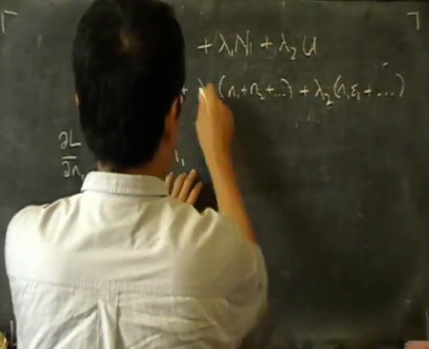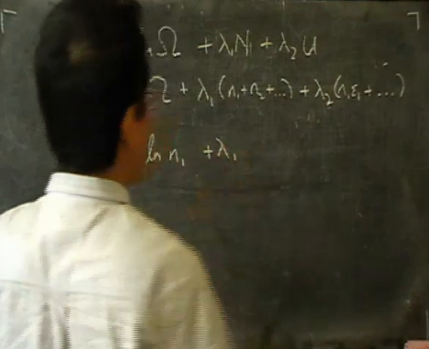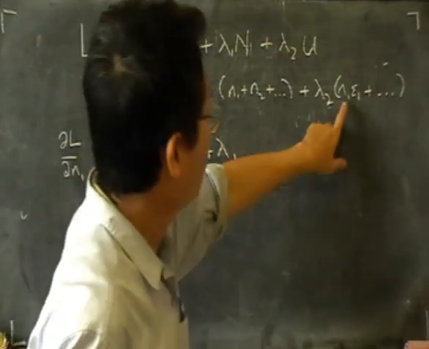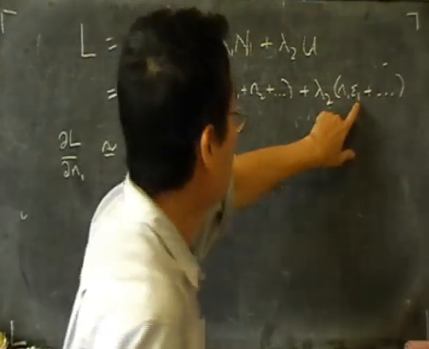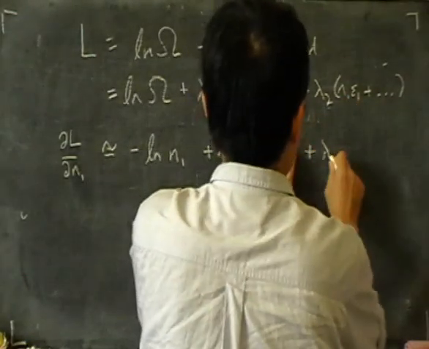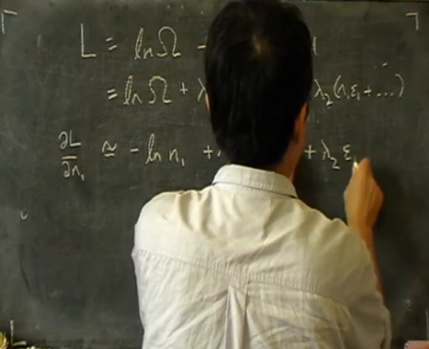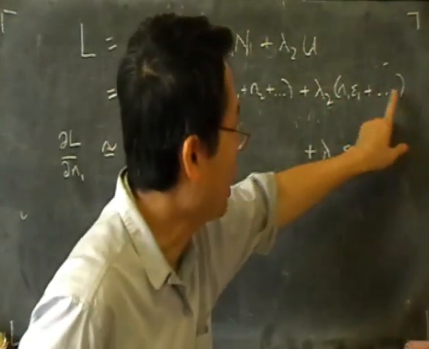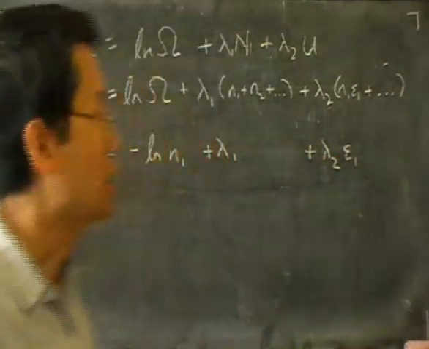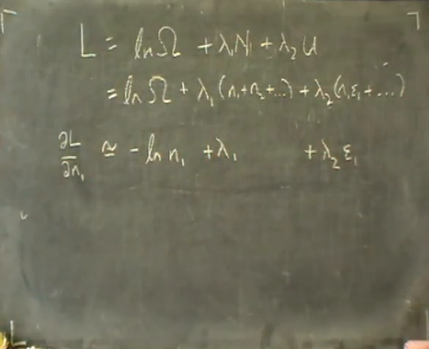So I'm left with just lambda 1. And likewise, when I differentiate the last term, n1 becomes 1 and I'm left with lambda 2 epsilon 1. All the rest are 0 because they are n2, n3, which are independent of n1. And this is what I have.